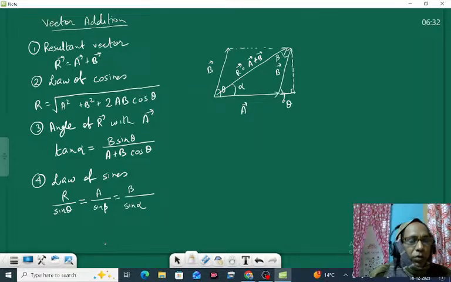So these 4 laws you have to remember to learn the basic things about vectors, right? These are the basic things of vector addition.